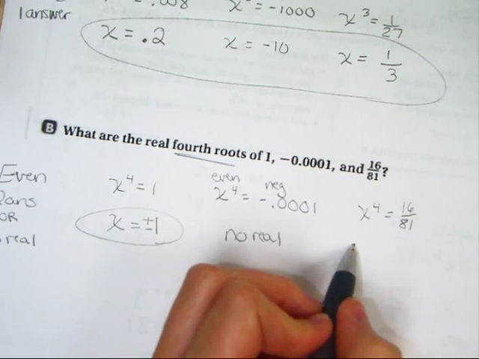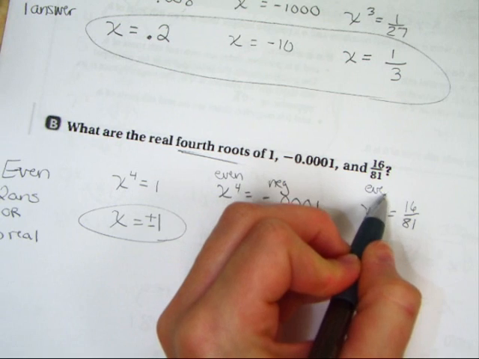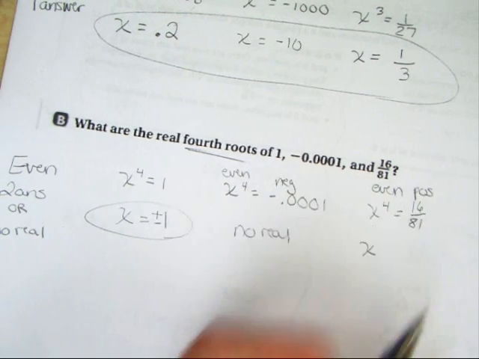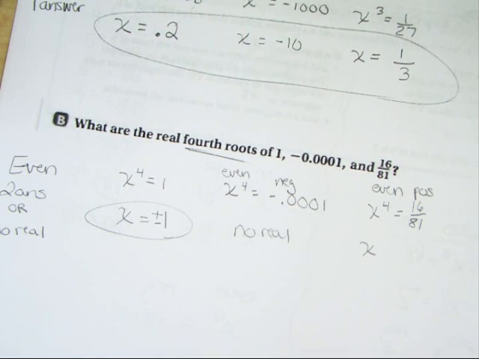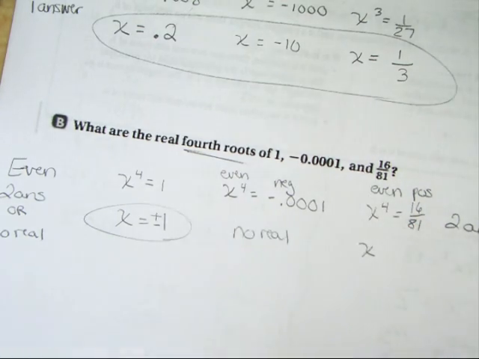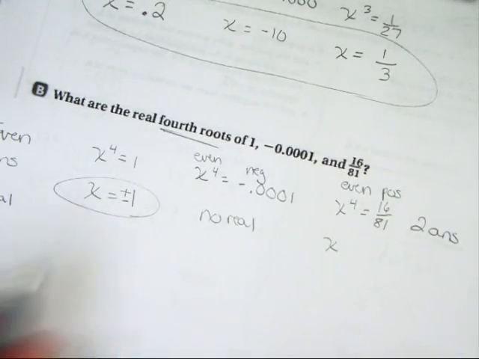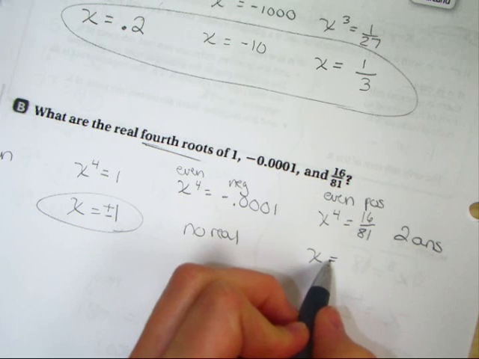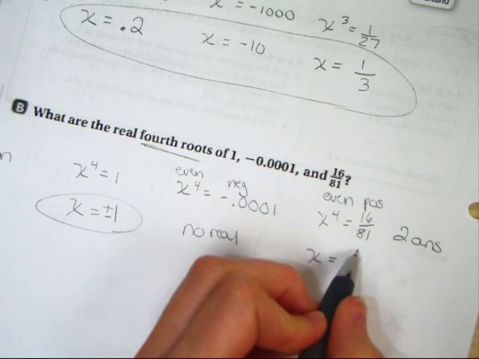The last one, we got even and positive. Because it's even and positive, there will be 2 answers. Even and positive will always give you 2 answers. What times itself 4 times gives you 16? 2.